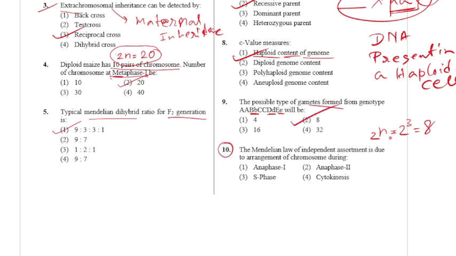Next, question number 10. Mendelian law of independent assortment is due to the arrangement of chromosomes during. Okay, in independent assortment, Mendel said that all possible combinations of allelic configurations will occur.